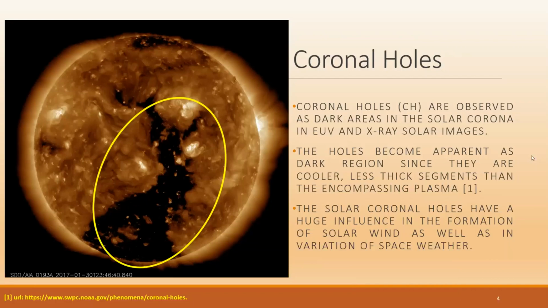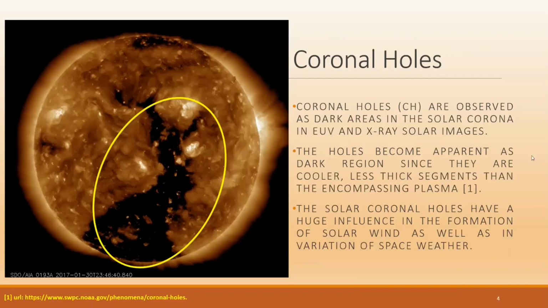plasmas. And why I was interested in this is because these solar coronal holes have a huge influence on the generation of the solar wind, as well as variation in space weather.